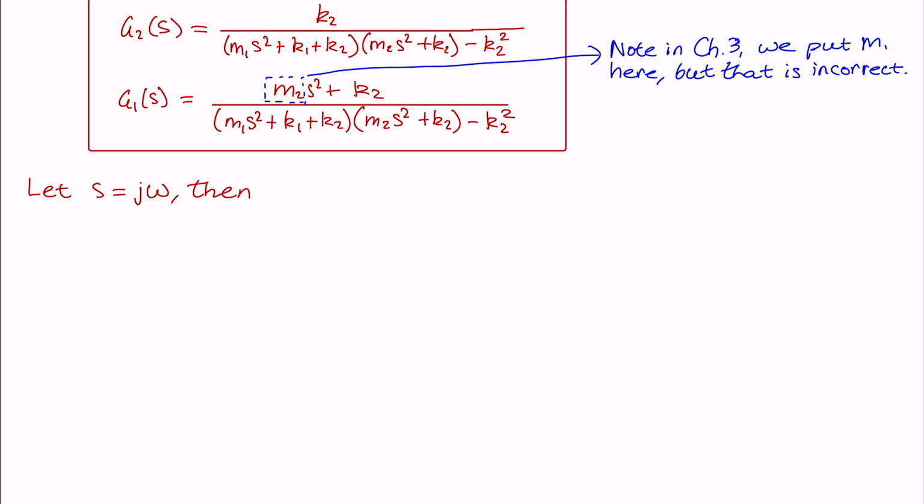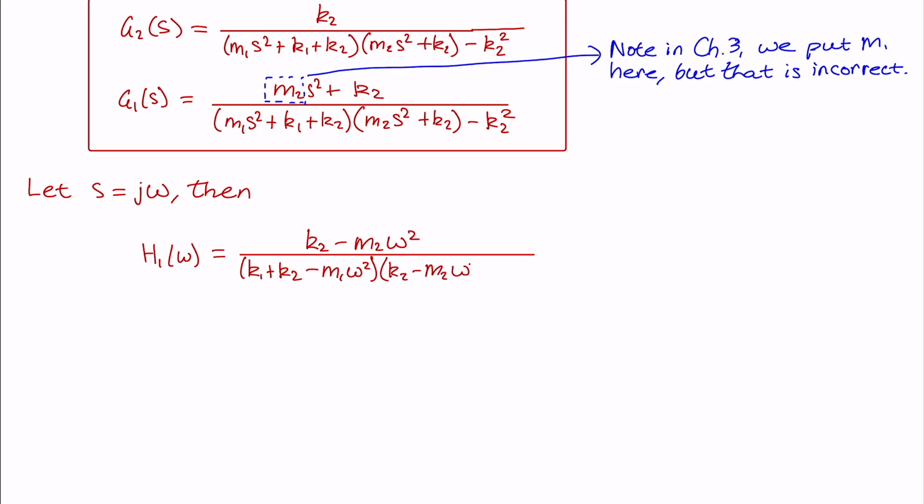We'll get that H1 of omega is equal to a big fraction: K2 minus M2 omega squared divided by the quantity K1 plus K2 minus M1 omega squared times the quantity K2 minus M2 omega squared, minus K2 squared.